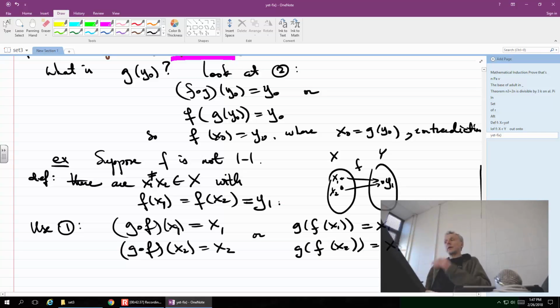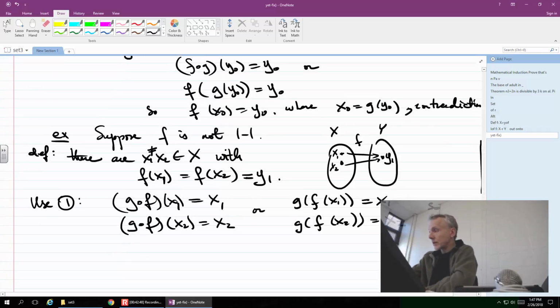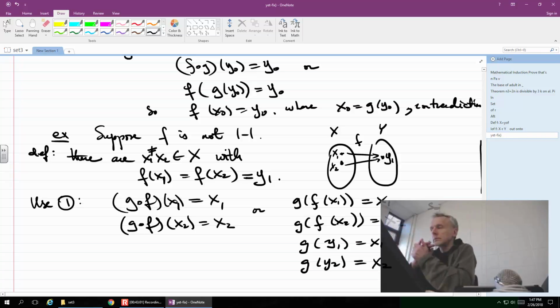According to the picture on the right, f takes x1, x2 to y1. So we take that information and substitute. We have then g of y1 is equal to x1, and g of y1 is equal to x2. I'm sorry, it's still y1 over here. Thank you.